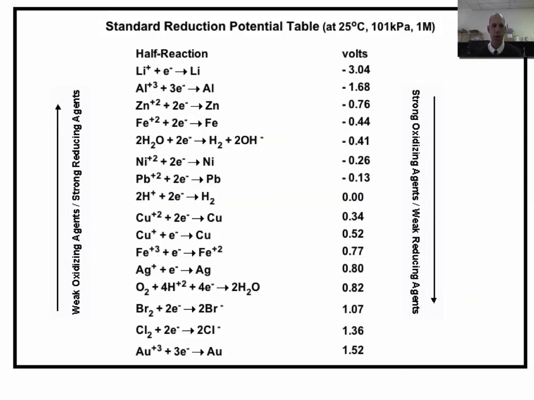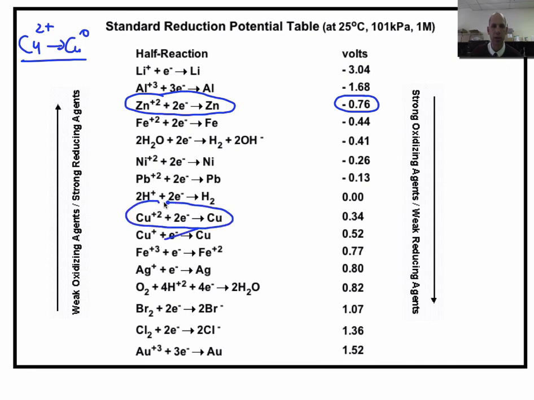So let's look at this reaction right here. Here's the half reaction for Zn, and here's its value. Now there's a couple of Cus. We're looking for the one that has Cu2+ going to Cu0. So that's not that one. That's going to be this one. Remember, the zinc was the one that was oxidized.